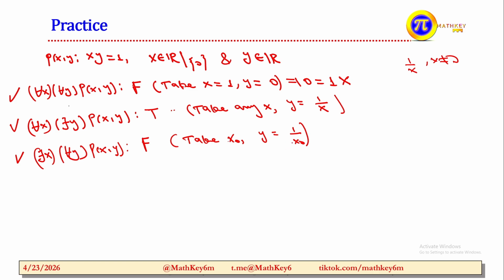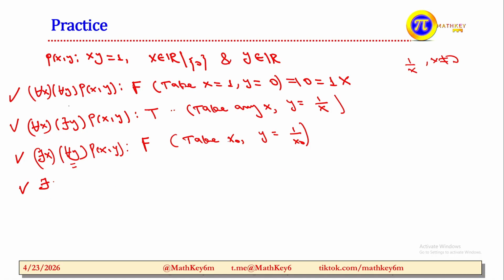For instance, take x naught equal to 2. It works with y equal to 1 over 2. This means 2 works only for the corresponding value 1 over 2, not for all. Similarly, if we take any fixed x, we can't make it work for y equal to 0. Because of this, it is false.